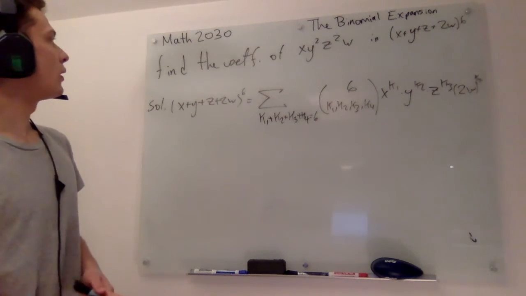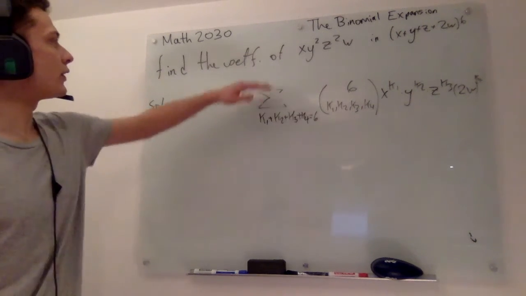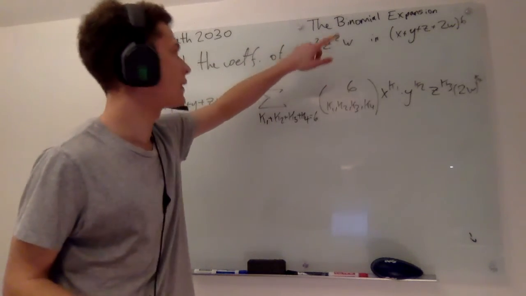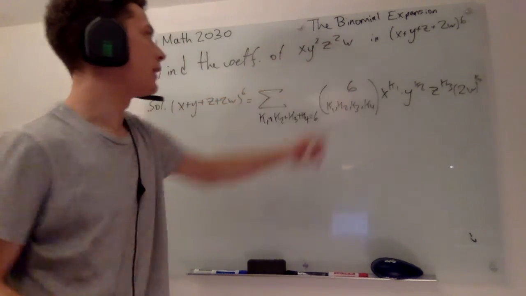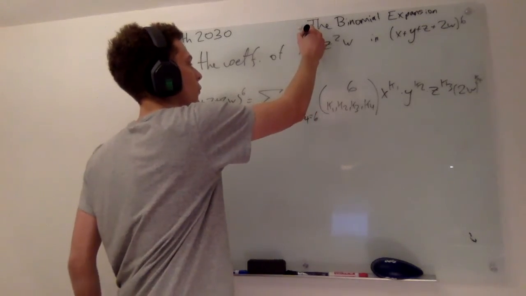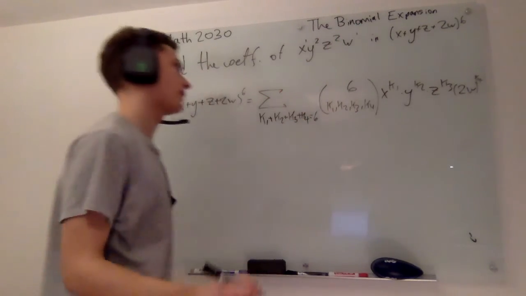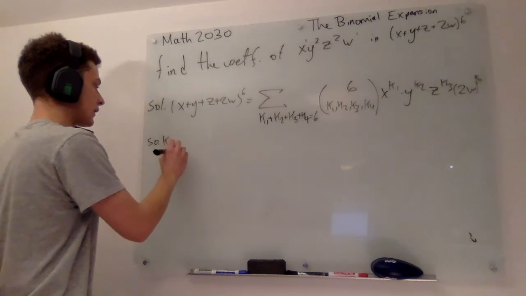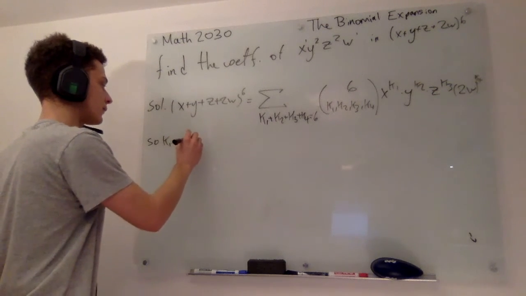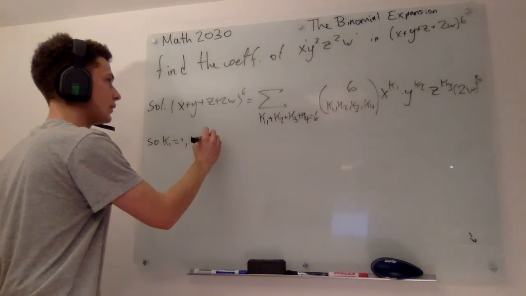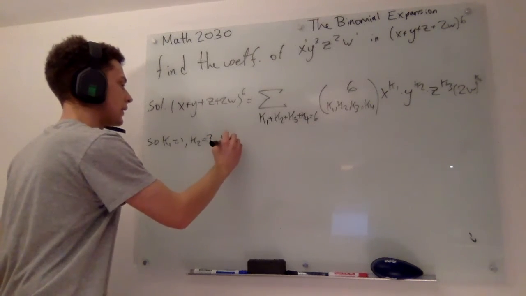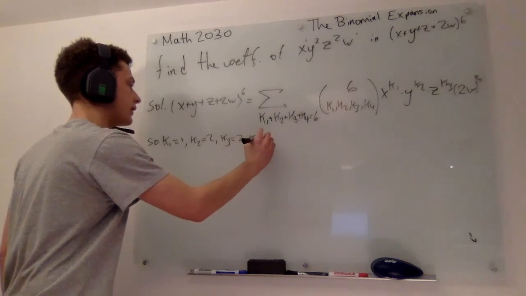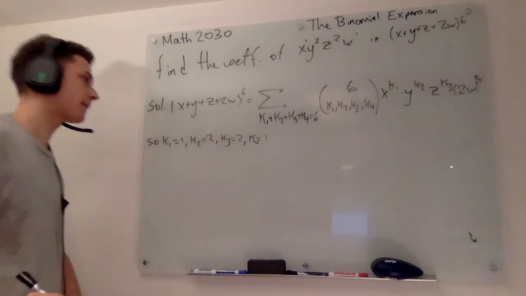Okay, so what we have in the question is x times y squared times z squared times w. And we can think these are just ones up here for the powers of x and w. So k1 is equal to 1, k2 is equal to 2, k3 is equal to 2, and k4 is equal to 1.